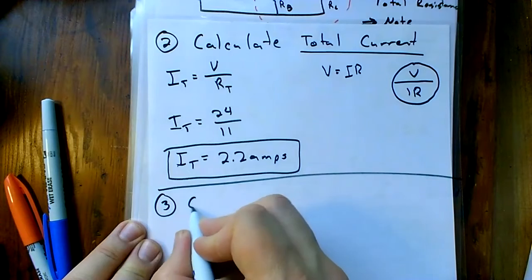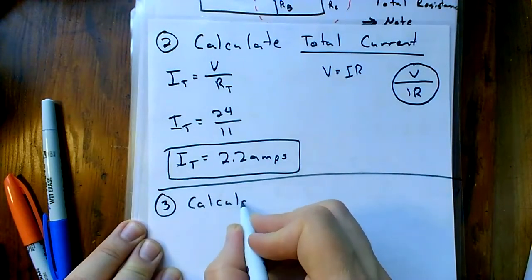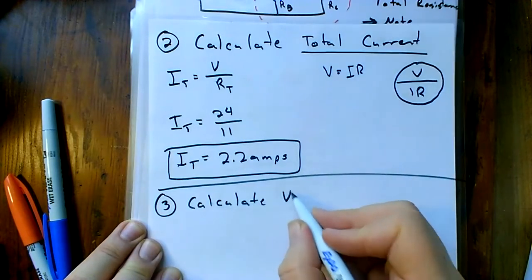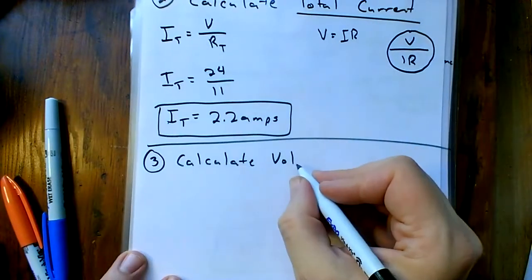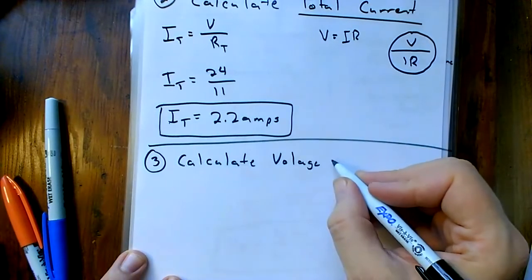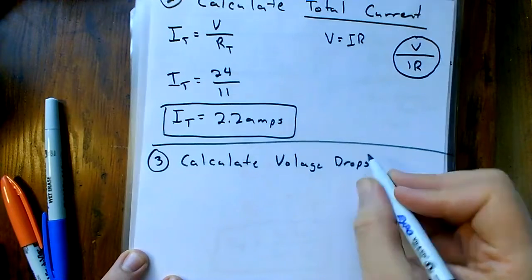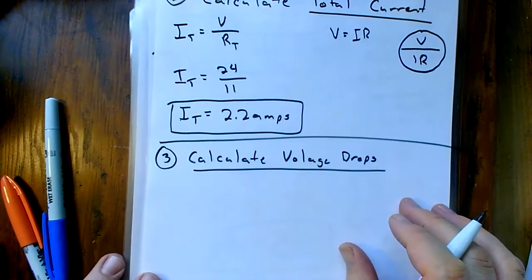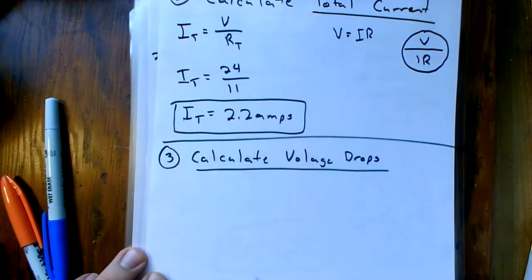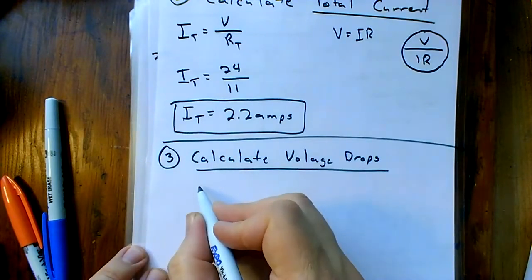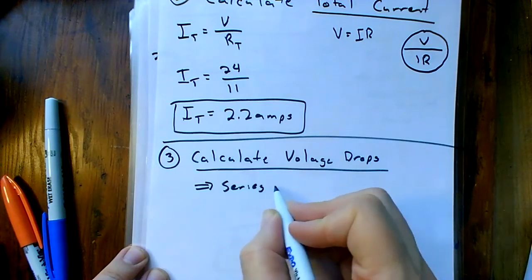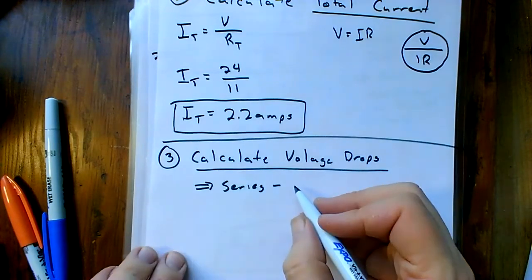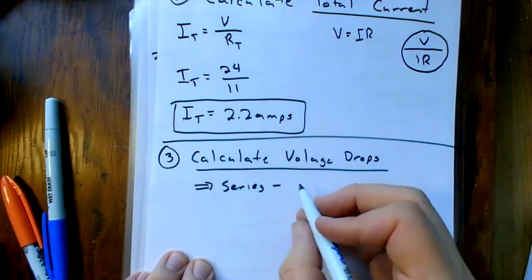So for our voltage drops, for our pieces in series, we're just going to use the current through the resistor.